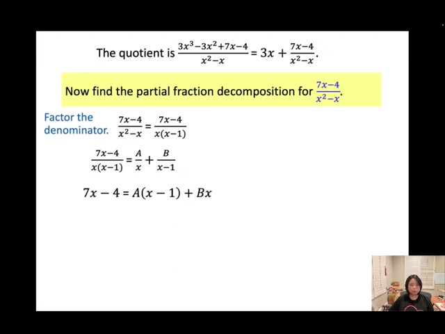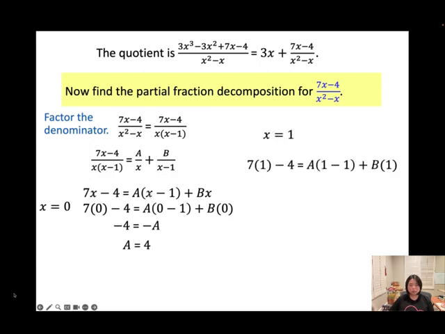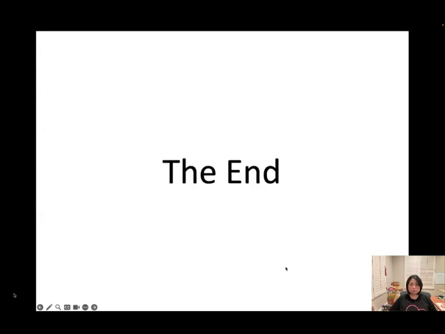We're going to plug in x equal to 0, and you should get A equal to 4. And then we plug in x equal to 1, and you should get B equal to 3. So that will be your final answer: 3x plus 4 over x plus 3 over x minus 1. That's it.